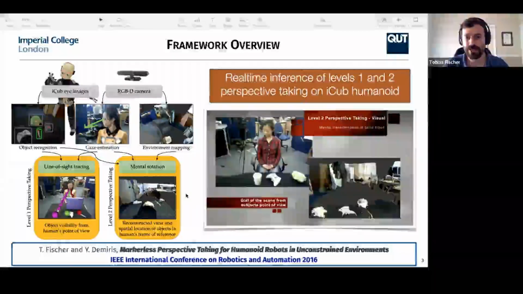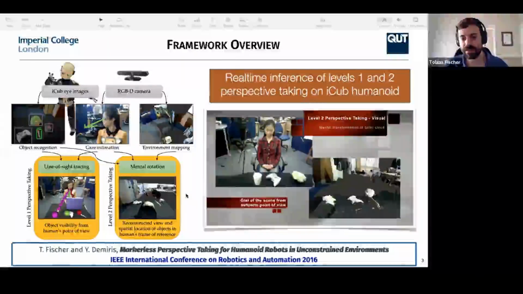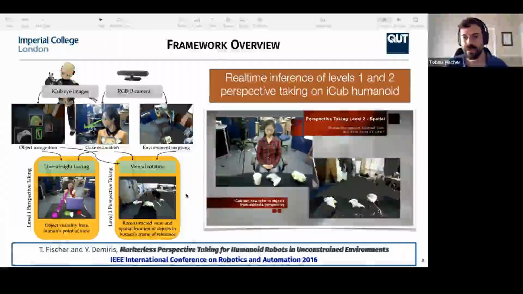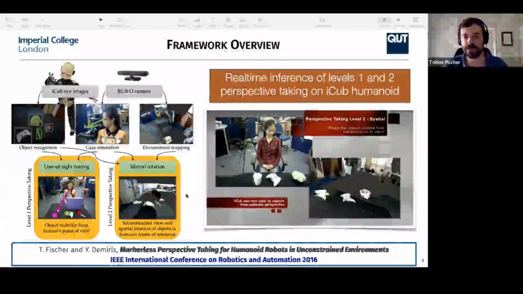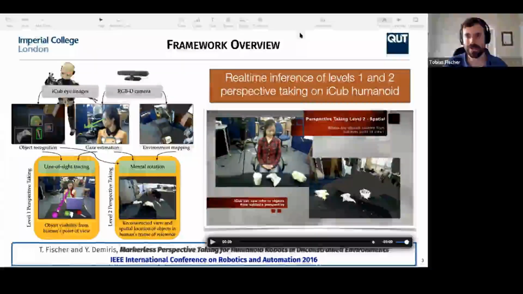And here we now see that the robot can also approximate the gist of the scene on how it's perceived by a human. And that gives you an idea of this left-right understanding. So this is the basic understanding of what's going on there.